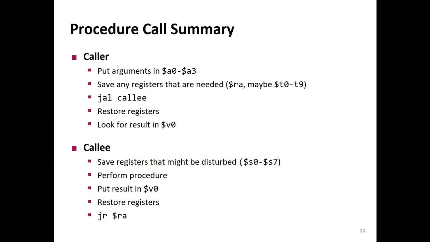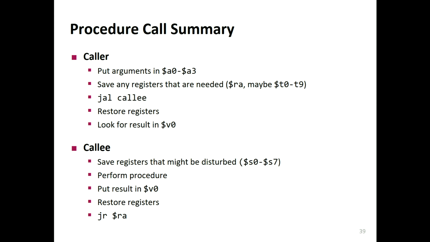And then you jump and link to the callee. After the callee returns to the original calling function, you restore the registers, the return address, T0 through T9, and then you look for the results in V0 or maybe V1, okay? And that's what the caller does.